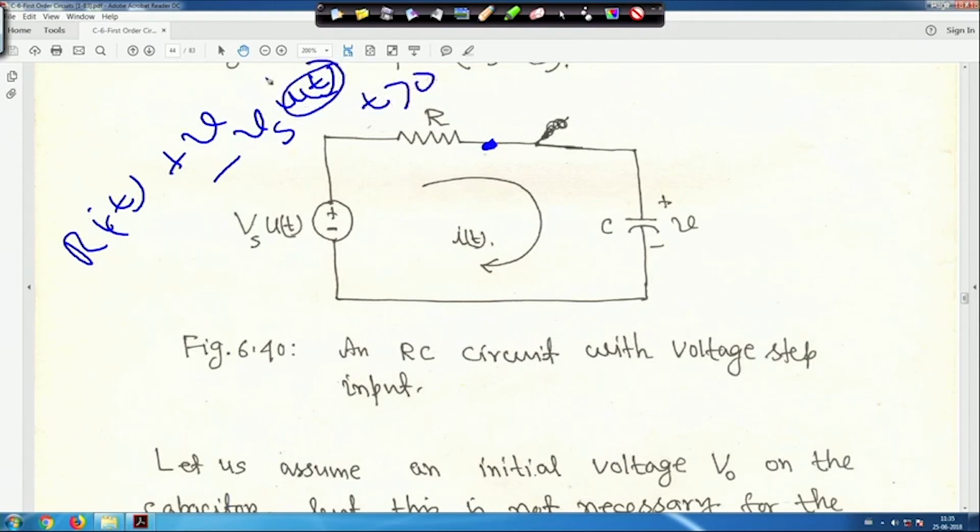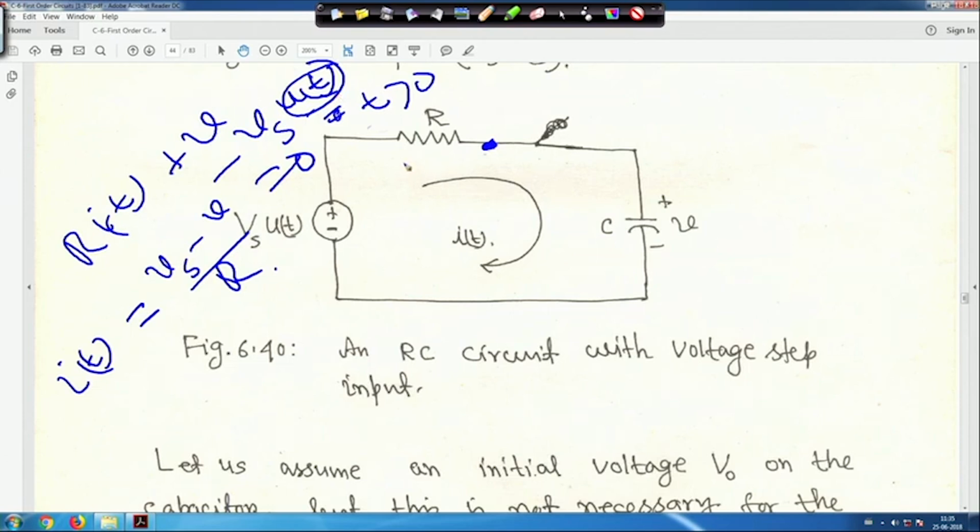So R i(t) plus V minus Vs is equal to 0. That means i(t) is equal to (Vs minus V) divided by R when the switch is closed. If you take the current direction the other way, it will be reversed: (V minus Vs) upon R.